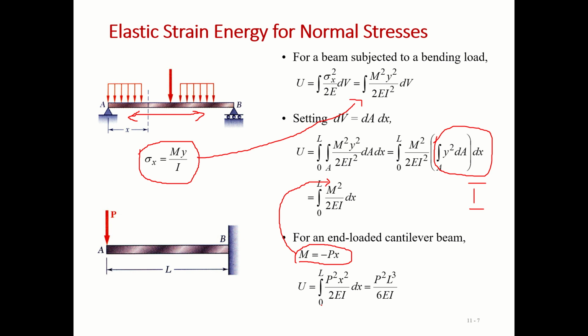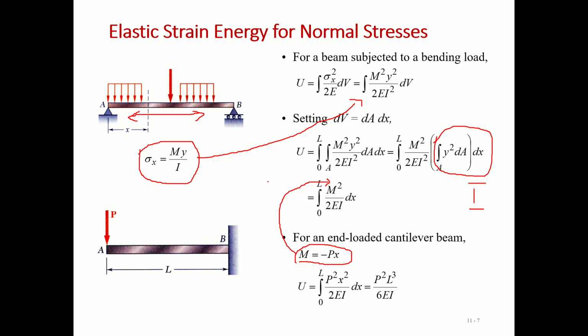And when we put the length in the x variable, it will be reduced to P squared L cubed divided by 6EI. So this is the case for the cantilever having uniform cross section and having only a load at its end.